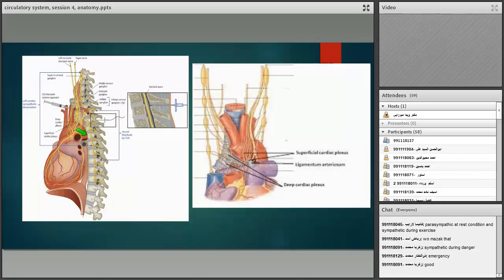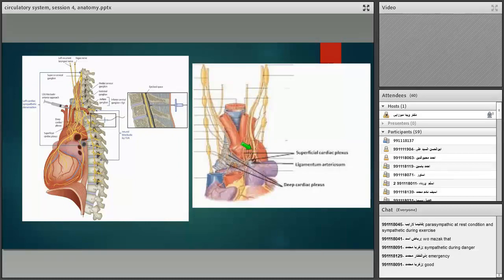These are the sympathetic part of the cardiac plexus. These branches come to the heart under the aortic arch and form the cardiac plexus.